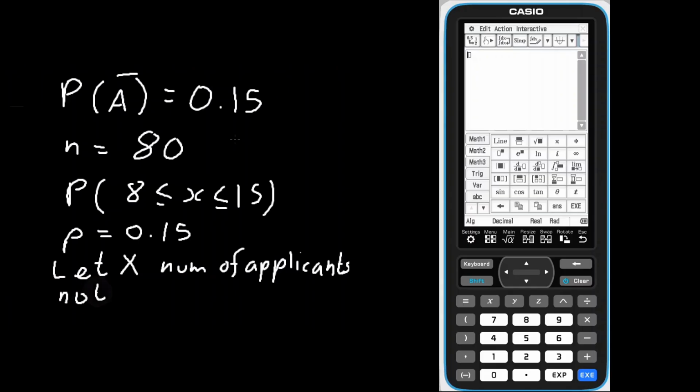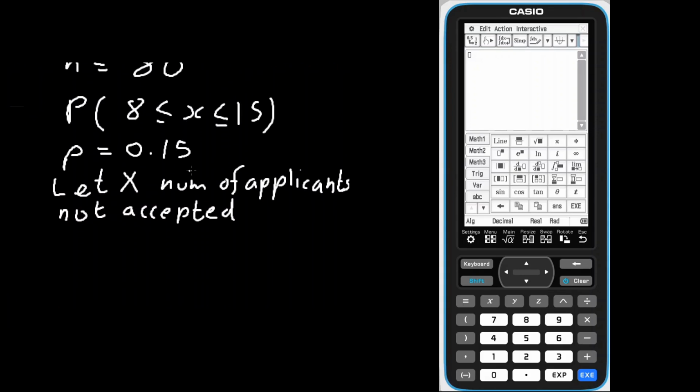Now that I've finished writing that, we need to tell the marker what that looks like as a maths equation. So we say it's the binomial where the number of trials is 80 and our probability of success is 0.15.